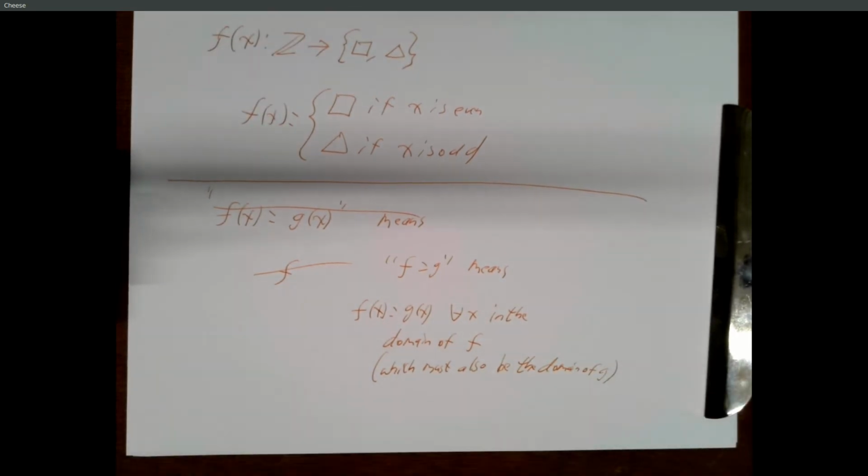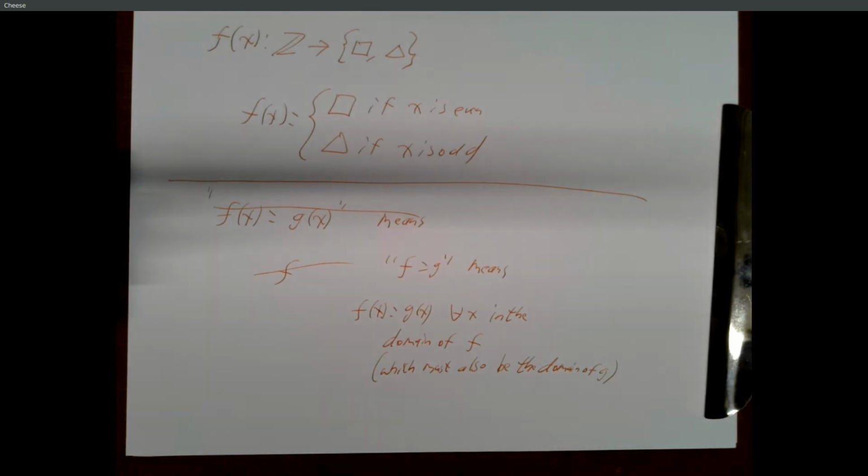So to say two functions are equal basically says they're equal everywhere within whatever the domain of those functions is.